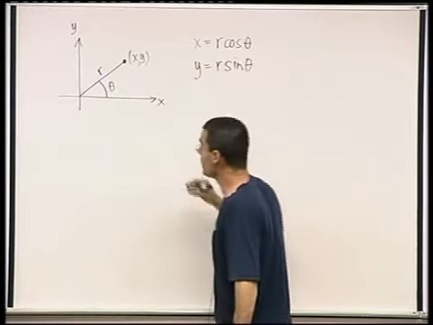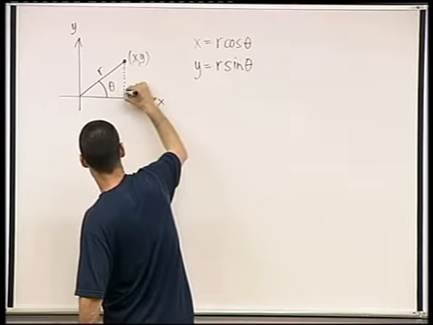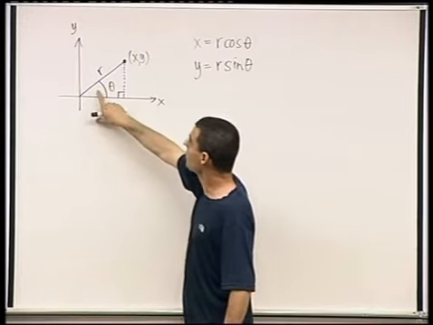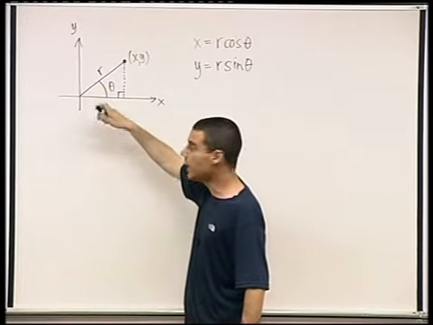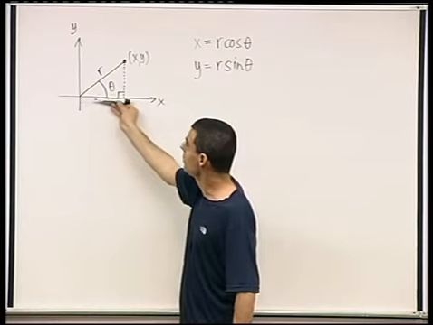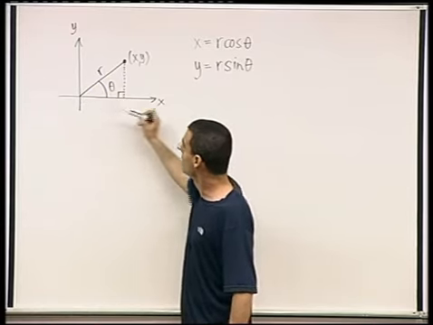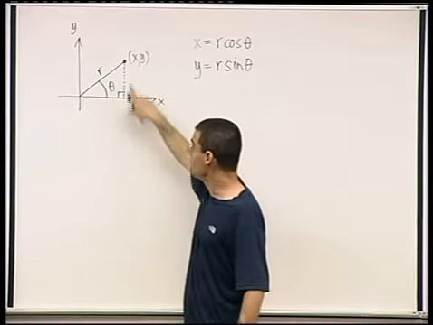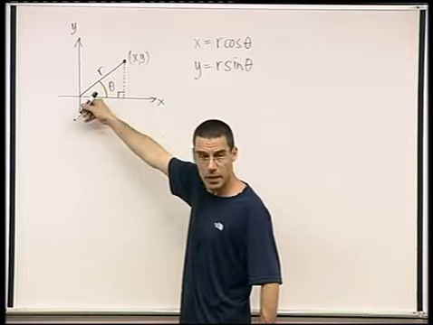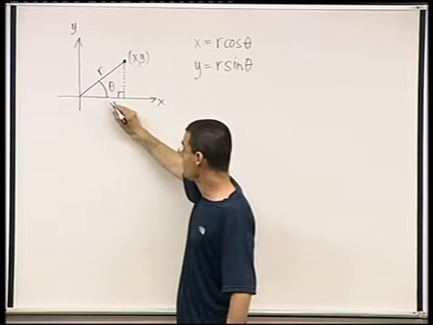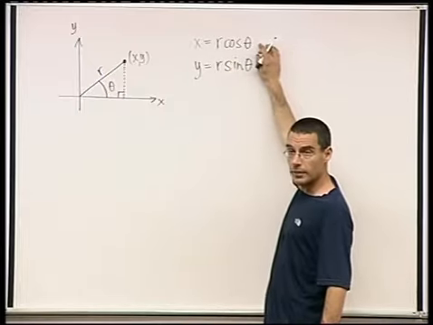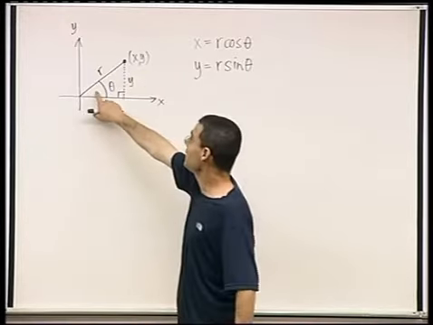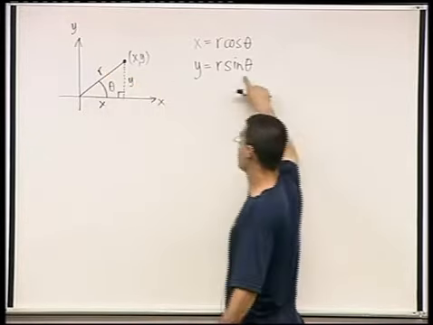The reason for this being that if you form here a right triangle, then cosine of theta is x, the distance from 0 to this point, precisely the x coordinate of this point, divided by r, the hypotenuse, right? So x over r is cosine theta, so x is r cosine theta. And likewise, this is x and this is y, and sine of theta is y over r, therefore y is r sine theta.